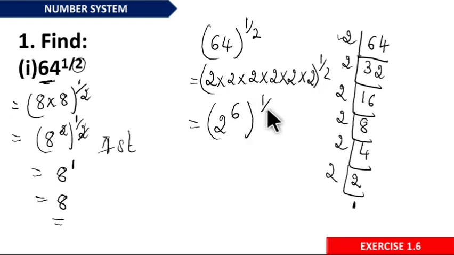Here we write the power as it is, and we can cancel. 2 1s are 2, 2 3s are 6. So we are remaining with 2 to the power 3, that is 8. So from both methods you are getting the same answer. This is the prime factorization. Here you have to see by multiplying which number 2 times you are getting 64.